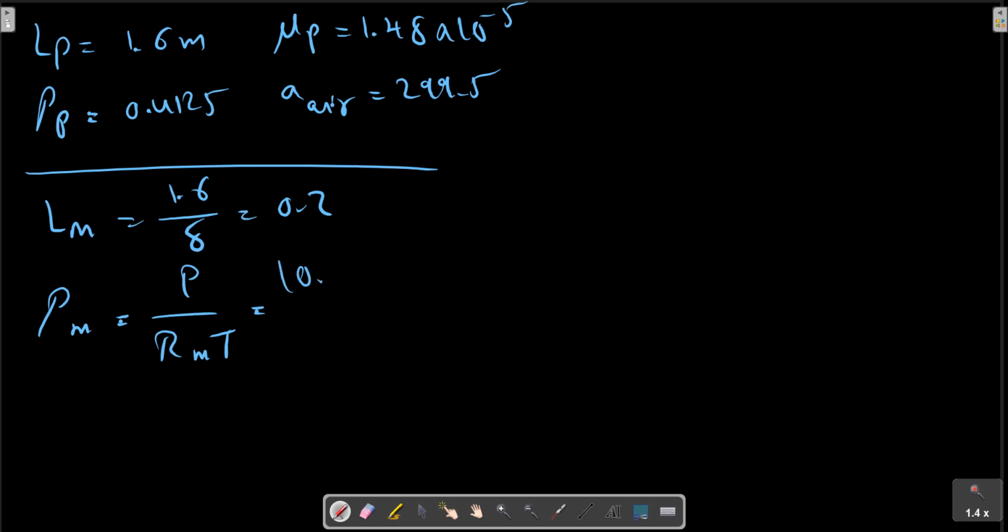We have the pressure 1 atmosphere, which is in Pascal, multiplied to the rho on the R, which is obtained from table A4 before, and the temperature.